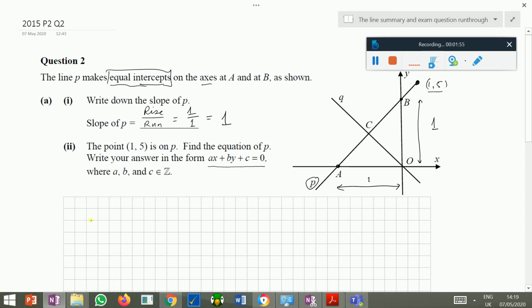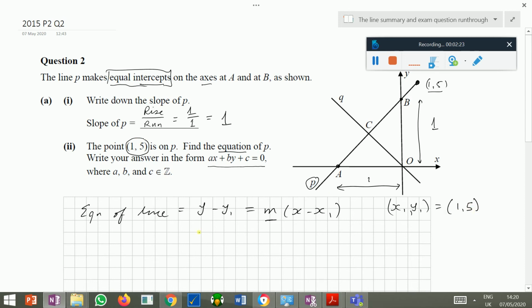So we begin and we say we want the equation. Go to your tables book and you'll see that the equation of a line is given by y minus y1 is equal to m times x minus x1. To use this, all we need is a slope m and a point (x1, y1). In this case, (x1, y1) is (1, 5).